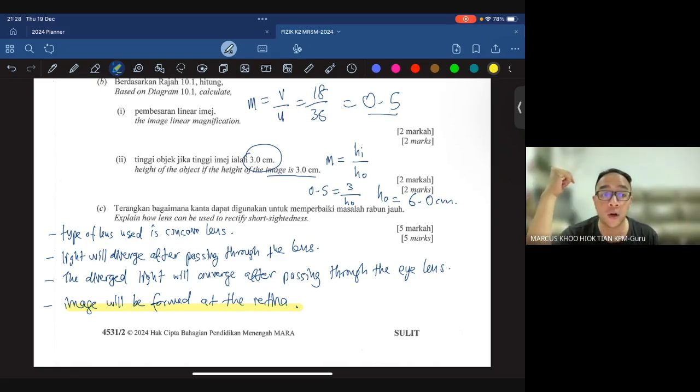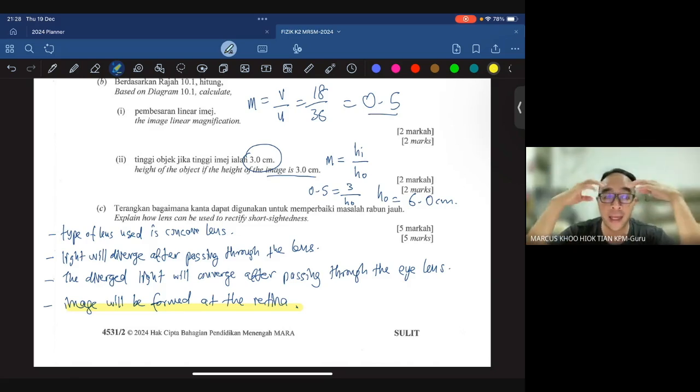If you get lost in this, I think the more important thing to remember is which type of lens you need. For short-sightedness it is concave lens, for long-sightedness it is convex lens. This is a very important thing. Again, we see this kind of question taking stuff from lower form science to test you.